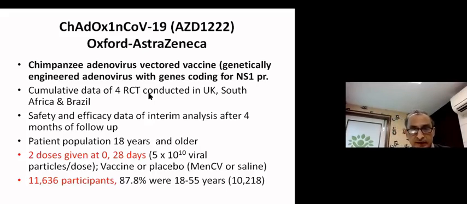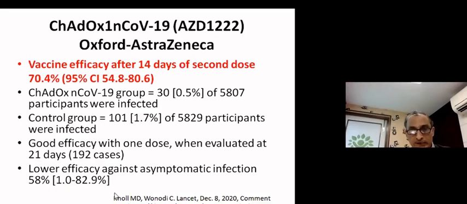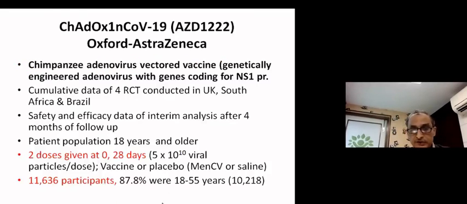So this is given in a 2-dose schedule, at 0 and 28 days. Here they used different strengths of the vaccine, and they compared it with the placebo or a meningococcal conjugate vaccine. They found that in about 11,000 odd participants, it had a very good immunogenic response.